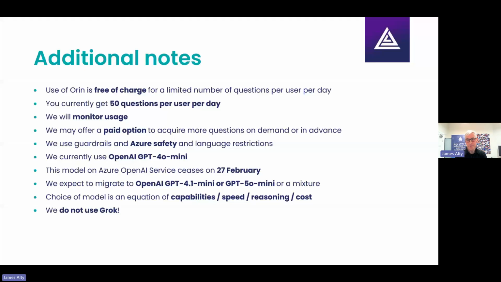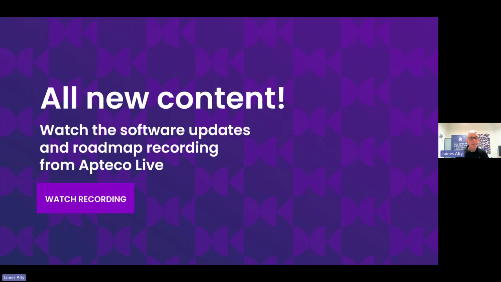And just to be absolutely clear, we don't use Grok at all. Never used it, never logged in, not got a user. Frankly, don't plan to get a user. So, yeah, we'll keep you in touch as the marketplace moves, as the prices move, as the functionality and equation of the models move. We'll keep you in touch.